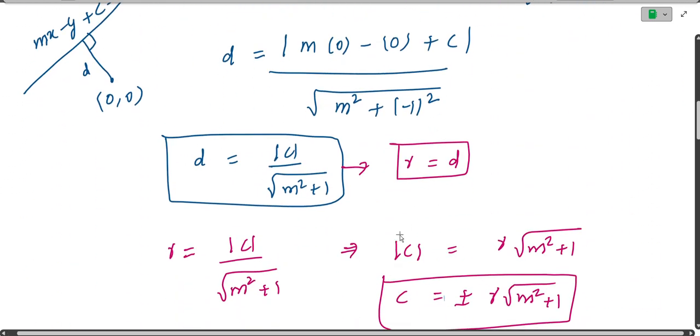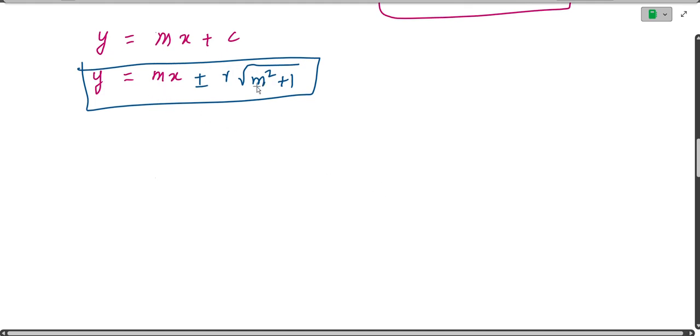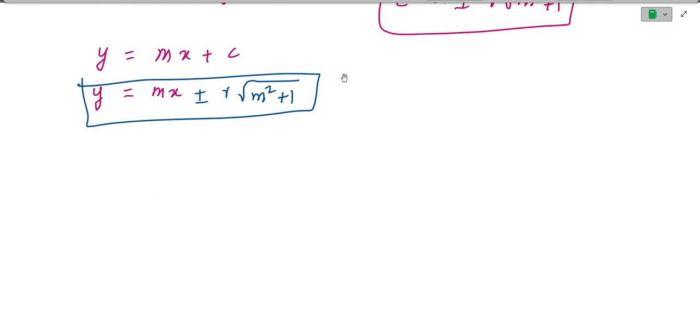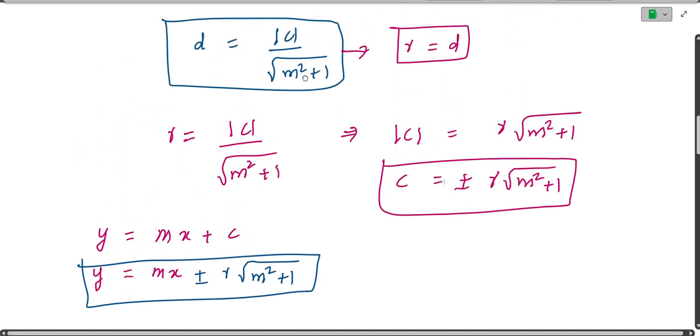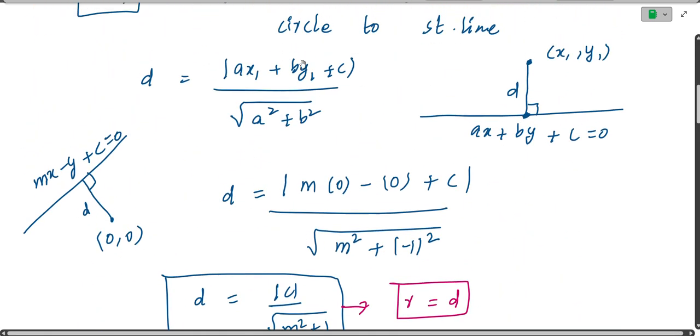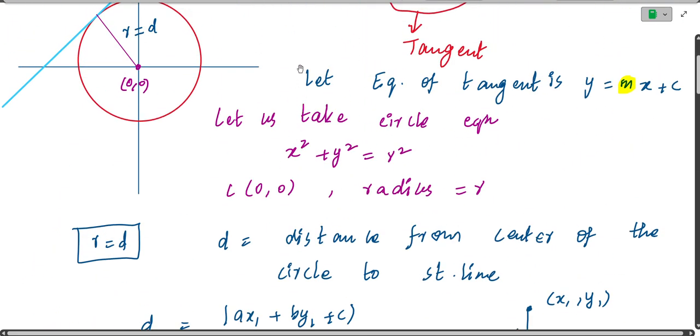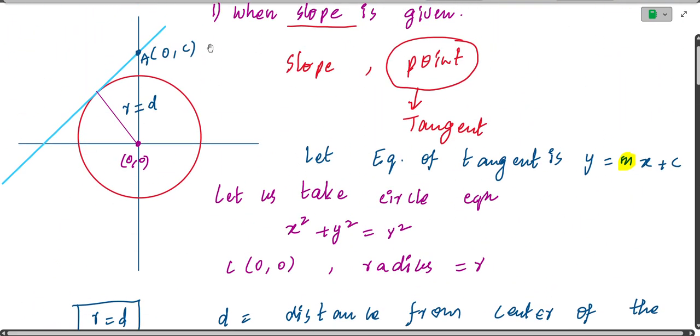Let me rewrite this equation here. Why? Because with the given slope, we can draw two tangents to a given circle. One plus sign corresponds to one tangent, the minus sign corresponds to the other tangent. So I have a tangent here. Let me select this tangent.